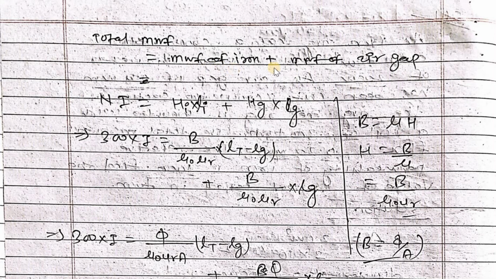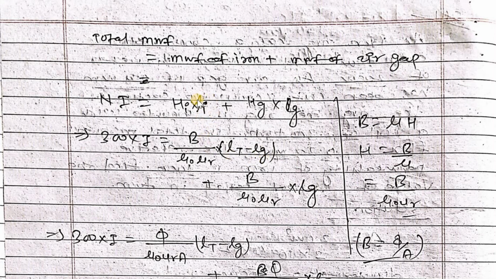And total MMF, we know total MMF equal to MMF of iron plus MMF of air gap, so MMF equal to Ni, and MMF equal to Si into Li plus Sg into Lg, that is air gap, and this is iron. So the value of N is 300 into I, and we can write in place of S, B upon mu naught mu r, and in place of Li, Lt minus Lg, total length minus length of air gap.